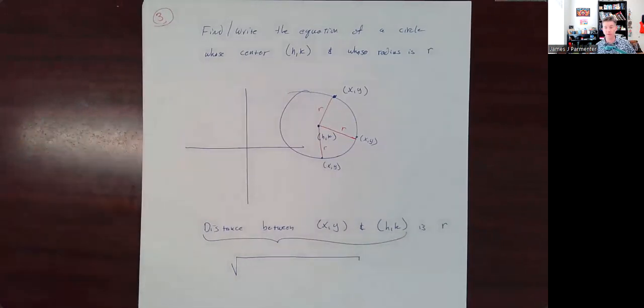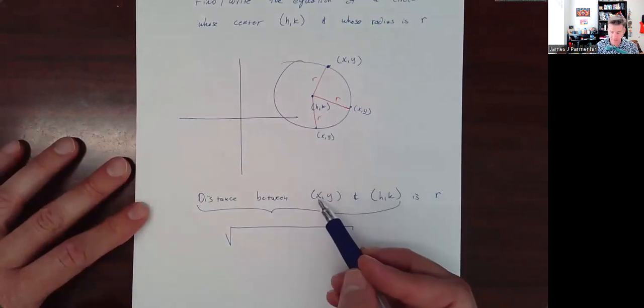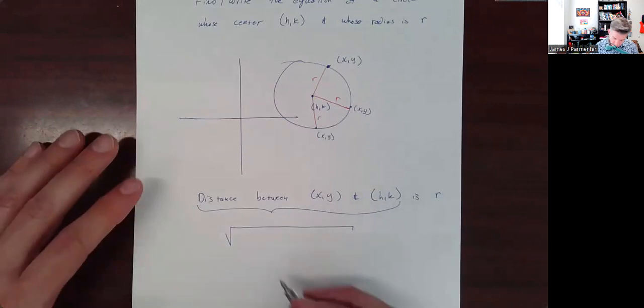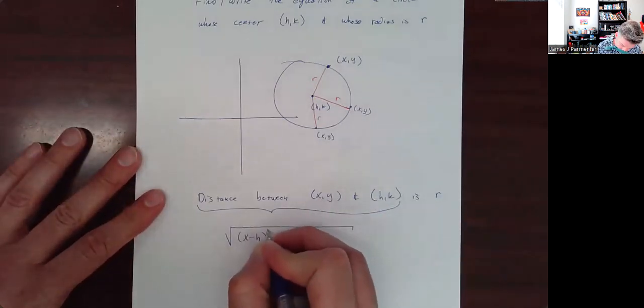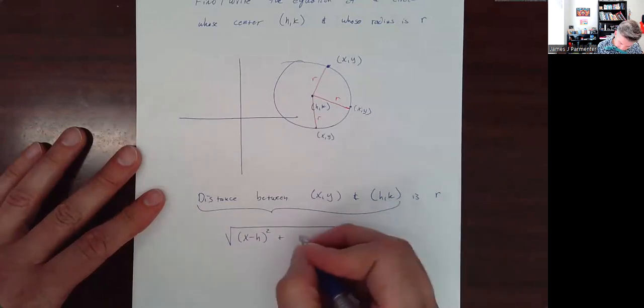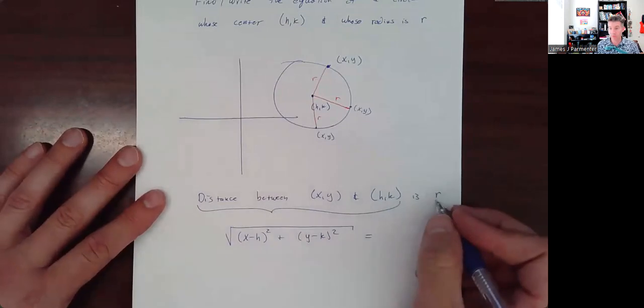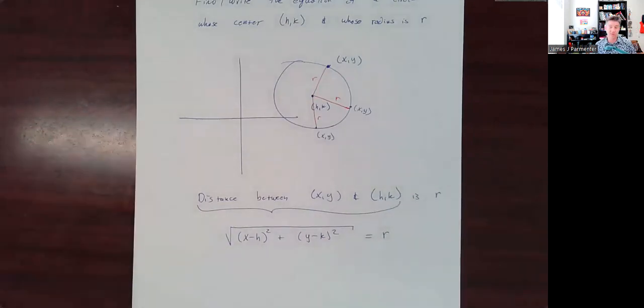And not that you have to subtract it a specific way, but we usually like to do the variable x minus the actual point h, which we had a value for last time. So I'm going to write this as the difference in the x's squared. So x minus h quantity squared plus the difference in the y's squared, y minus k quantity squared, equal to the distance, which is the radius, right? The radius is the distance from the center to the point on the circle. That is literally how a circle is defined.